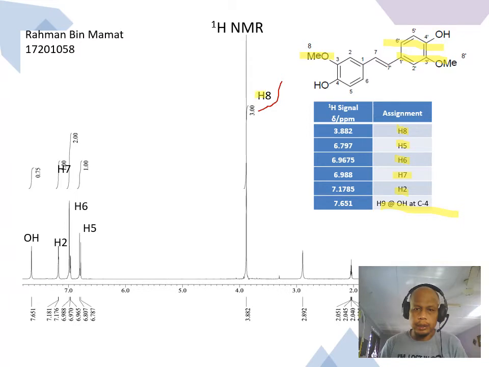Meanwhile, for the aromatic, as you can see here, H5 has been assigned to 6.797 ppm, and H6 is assigned at 6.9675, and H2 also is assigned to 7.1785.